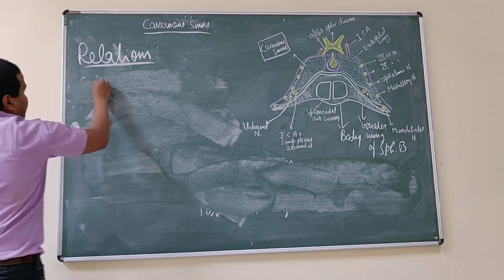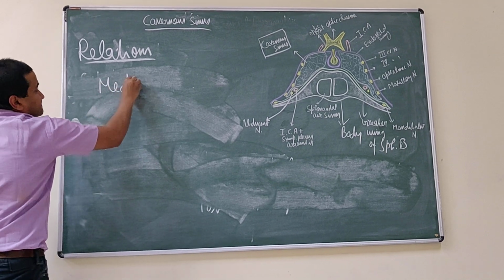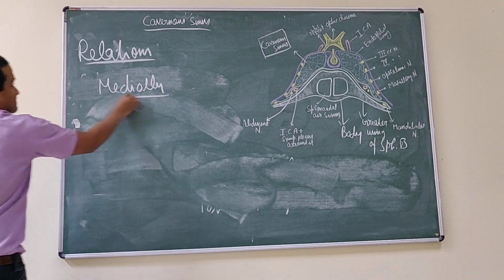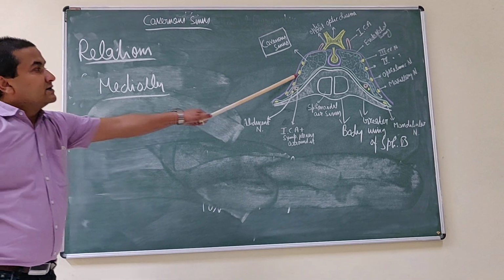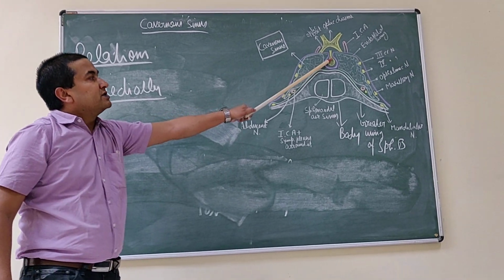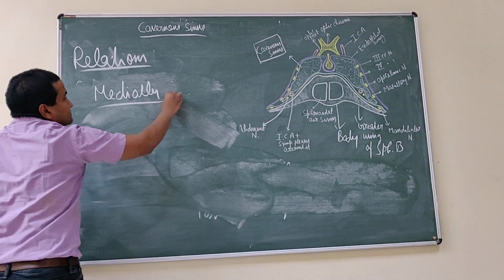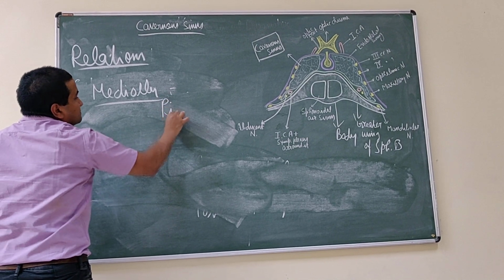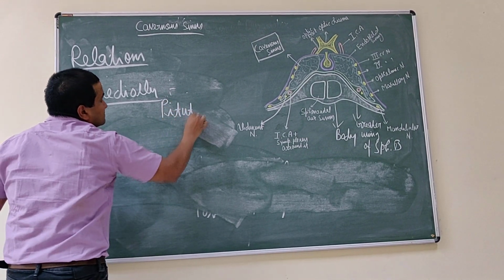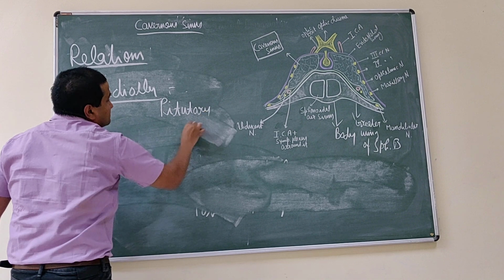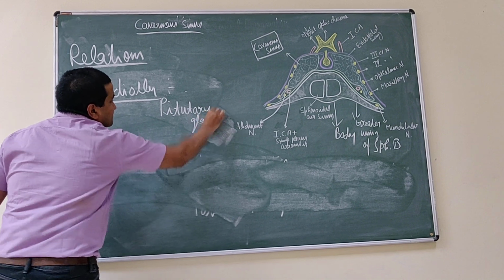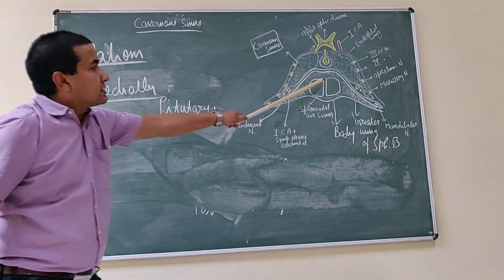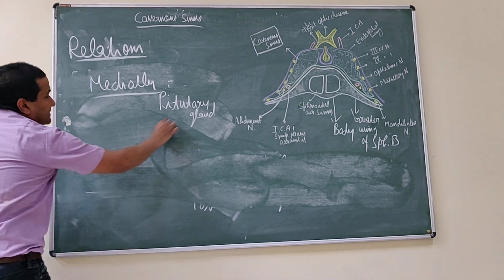Now the medial relation. Medially, this cavernous sinus is related with the pituitary gland, and it is also related with the sphenoidal air sinus.